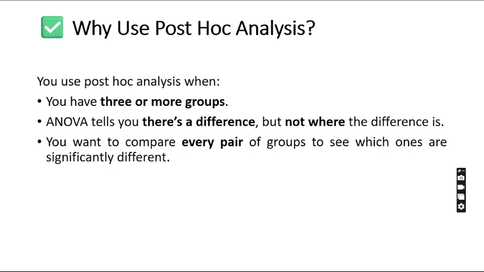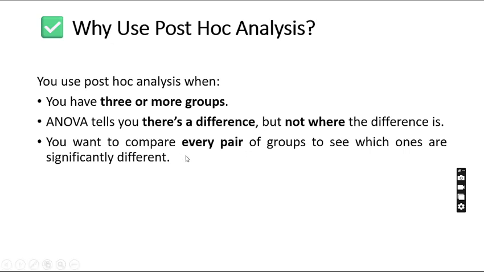It says there is a difference among the groups or variables, but it won't tell us where the exact difference is, which group is showing the highest significant difference, and which fall after that.